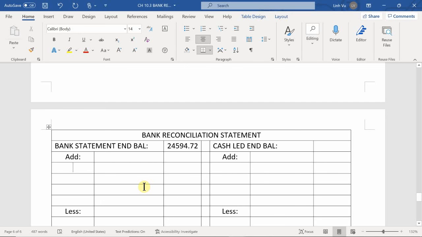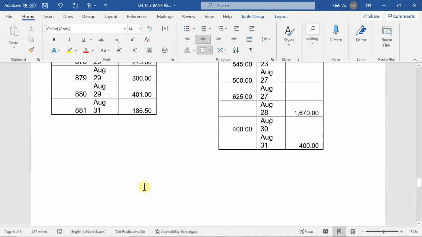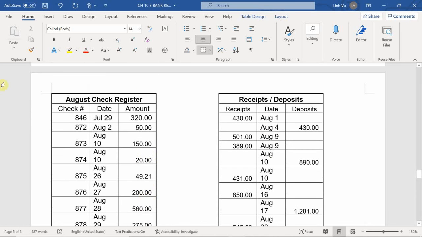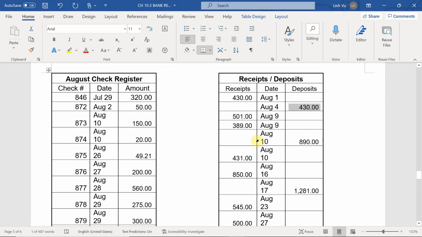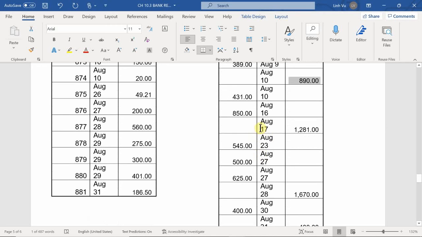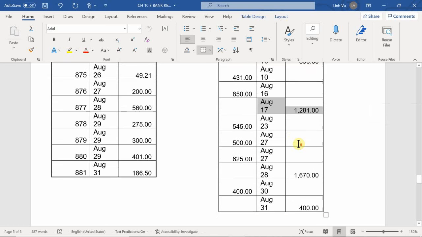Your deposits. Okay, so here are your deposit slips. I made a deposit on August 4th for $430. I made a deposit on August 10th for $890. I made a deposit on August 17th for $1,281.